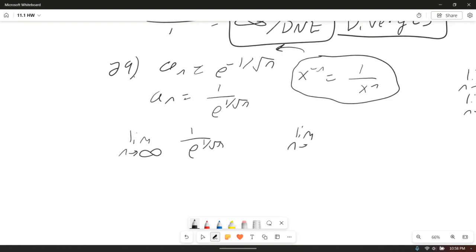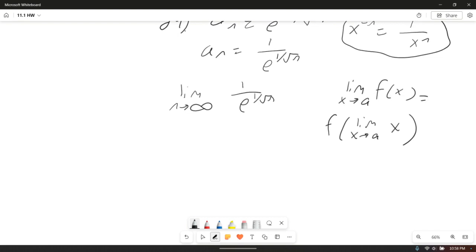The limit as n approaches a of f(n), we usually call this x for any function, but rules that apply for functions can apply to sequences as well. The limit as x approaches a of f(x) equals f of the limit as x approaches a of x. So we could use that rule here.